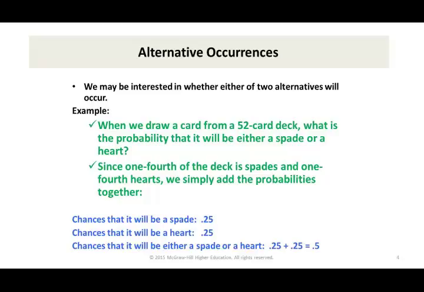I'm talking ahead of my slides here. The chances that we'll get a spade, because it's 1 out of 4, is a 25% chance. The chances that we'll get a heart are also 1 out of 4, so it's a 25% chance. The chance that we'll get either one of them, either one will give us credit here, is then a 50% chance. We've got a 0.5 chance that that will happen.